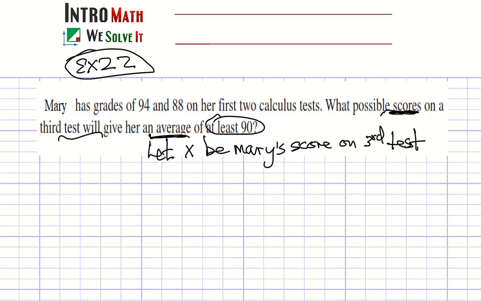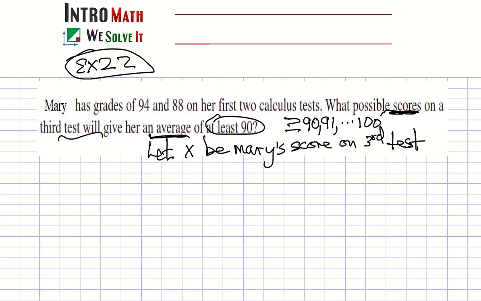At least means it can be 90, it can be 91, it can be 92, it can be 100. So at least means greater than or equal to 90, or more than that.